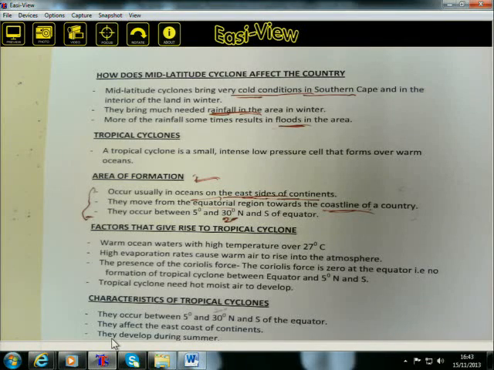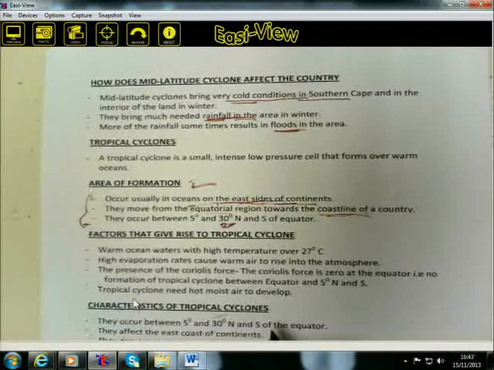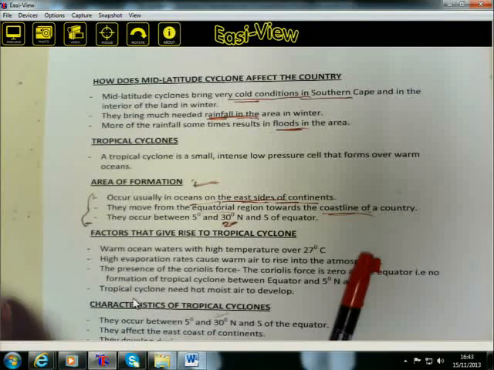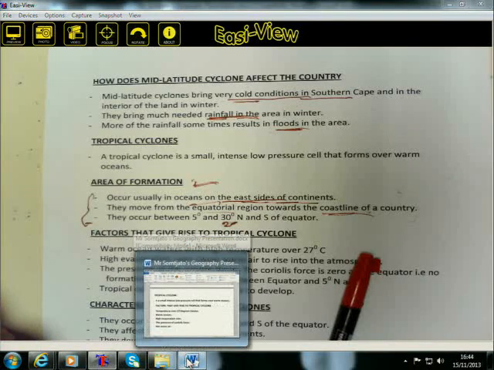It's the area of origin, the place where they originate. Then from that, we look at the factors that give rise to the tropical cyclones.